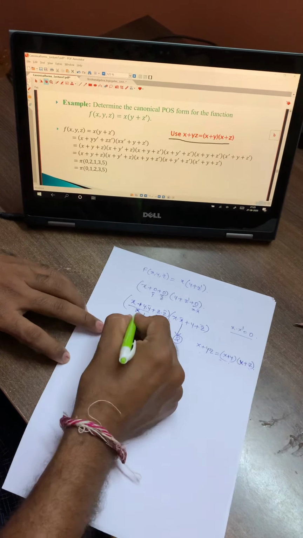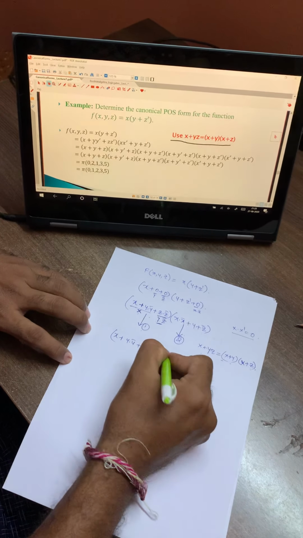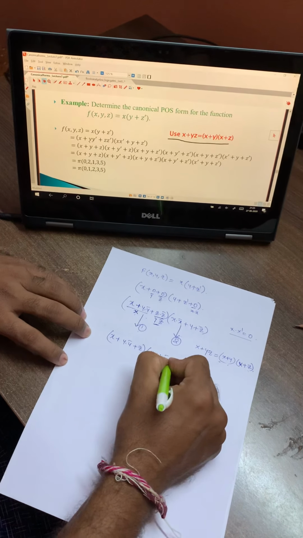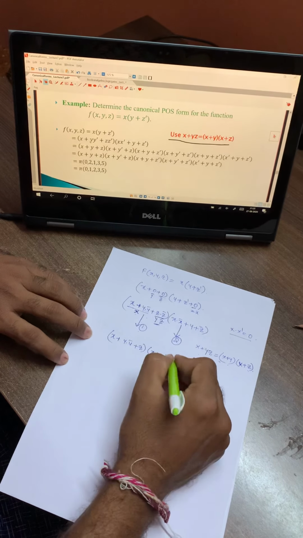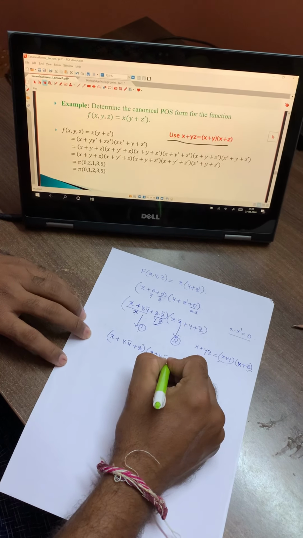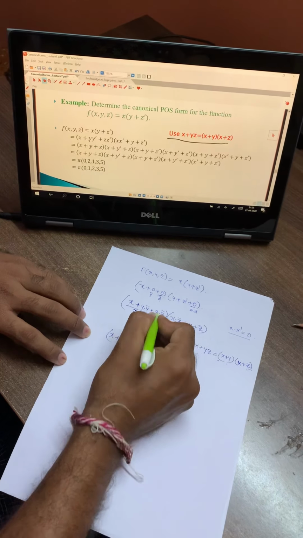Then x plus z. X is x plus y into y bar. So capital X is equal to small x plus y dot y bar plus z, where z here is z bar.